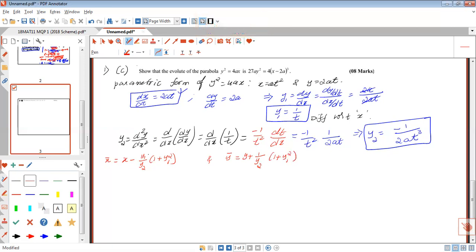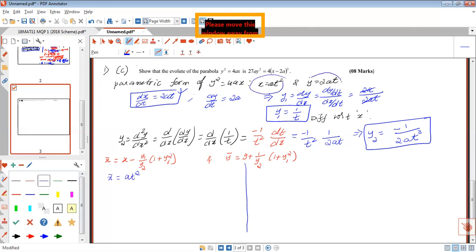Okay. Substitute the value of y1 and y2 here. So here x bar will be x, that is at square, value of x is at square, and y is 2at, minus y1 value is 1 by t, y2 value is minus 1 by 2at cube, and 1 plus y1 square, that is 1 by t square.